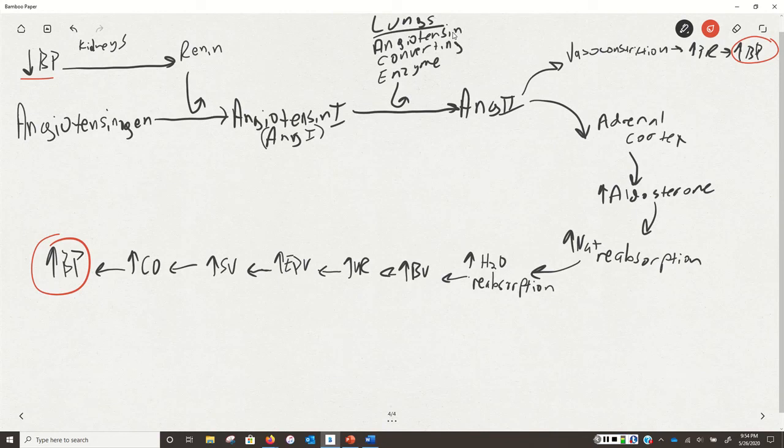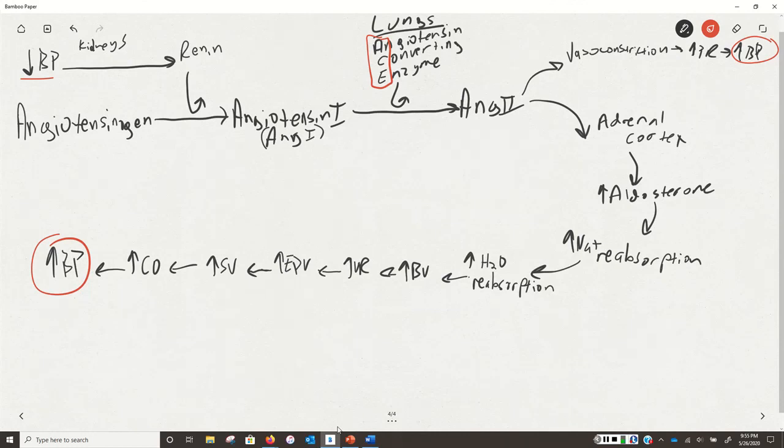So there is a class of blood pressure medicine called an ACE inhibitor. Well, ACE is the angiotensin converting enzyme. And if we have someone with high blood pressure, we would not want this to happen. It shouldn't be happening anyway, but sometimes it starts.